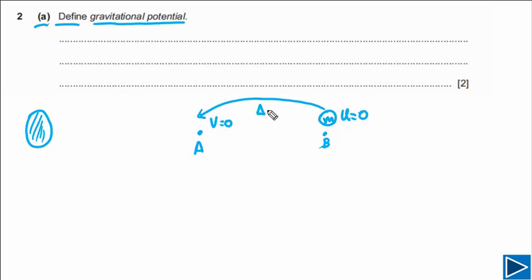It simply means that in this case there is no change in kinetic energy of the unit mass. So the amount of work done is equal to the potential difference between A and B. We can also write this in this form. We can say VA minus VB, meaning the potential difference between A and B, is equal to the amount of work done from B to A per unit mass. So this is how we can define the potential difference between A and B.